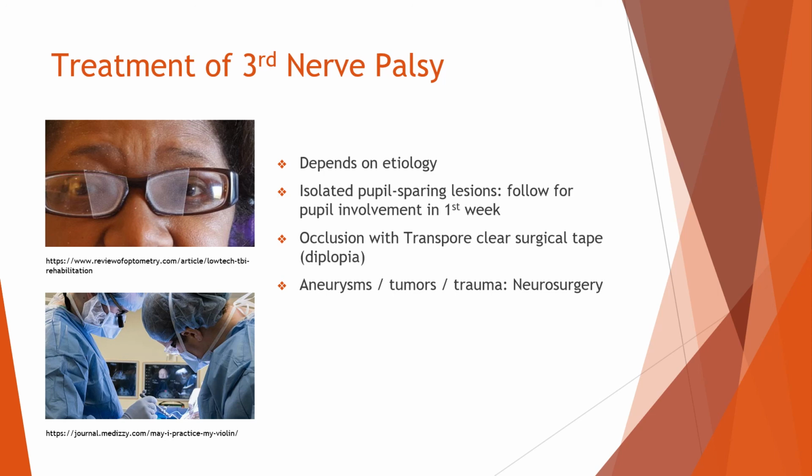This could elucidate to us the potential location of the palsy, as well as whether the disease is progressive. Occlusion with transparent clear surgical tape can help with diplopia, and if the etiology is found to be aneurysms, tumors, or trauma, we would refer the patients to neurosurgery.